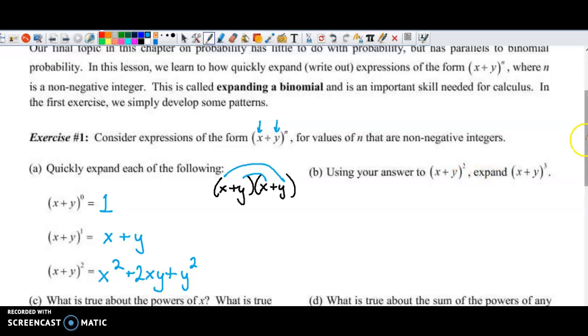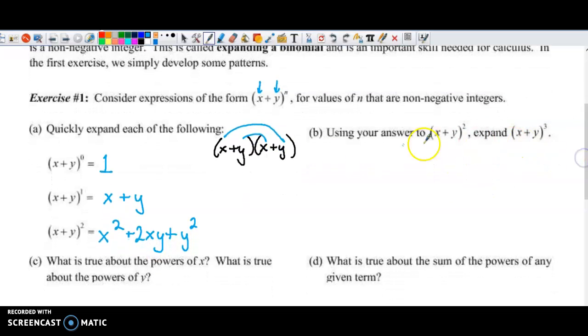Now there's this neat little thing that will actually help you do these problems pretty quickly. The thought process, and I'm not going to do this, is that if I ask you to take something to the third power, well, basically it's x plus y times itself 3 times, which is why they say use your answer for x plus y squared, because instead of writing out x plus y times x plus y times x plus y 3 times, you can only do 2 at a time and then do it again.